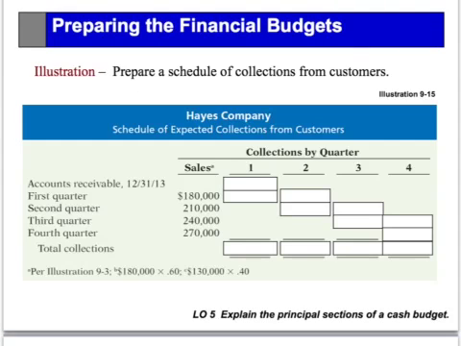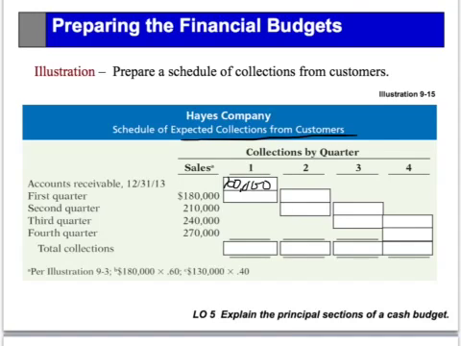So now we start with the cash collection of receivables, expected collection from customers. We have sales, cash sales, but this is receiving the accounts receivable. And recall we started off, the accounts receivable was $60,000 in quarter one. Okay.